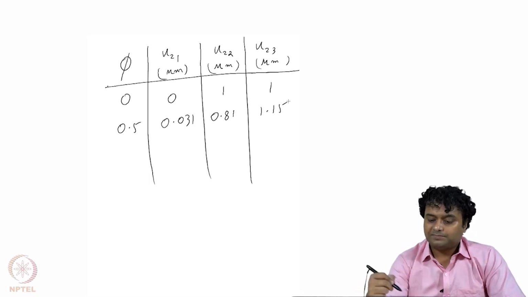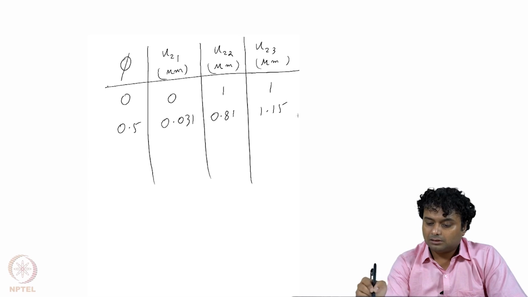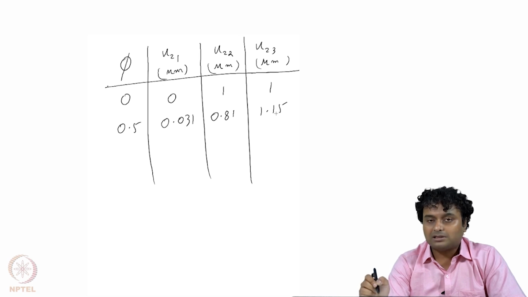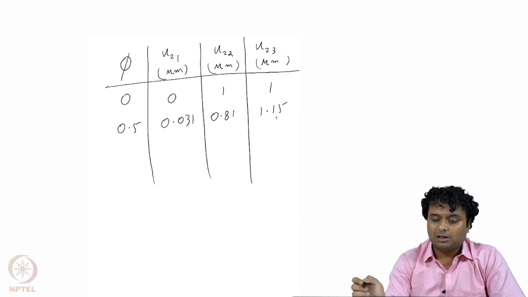Now see, in this voltage combination, I have got all 3 roots. Here this 0.031 micrometer is possible because it is below 1 micrometer. The second root is also possible, but the third root is 1.15 micrometer. Now as the gap itself is 1 micrometer, 1.15 micrometer deflection is not possible. So this is one of the impossible roots.